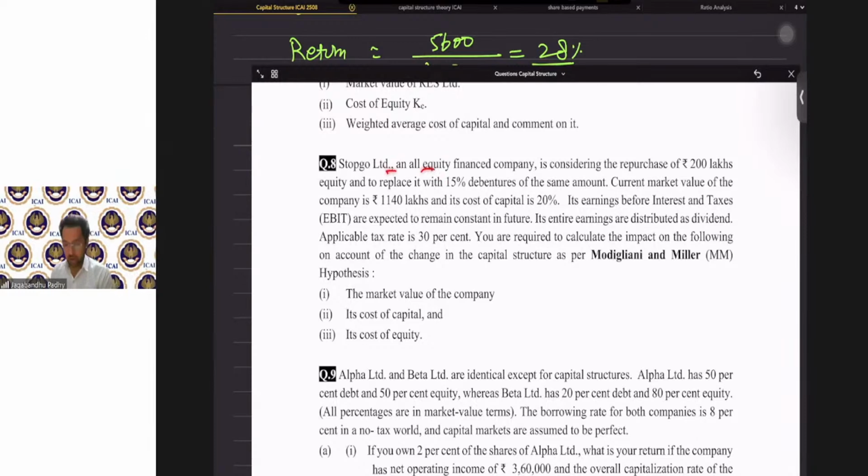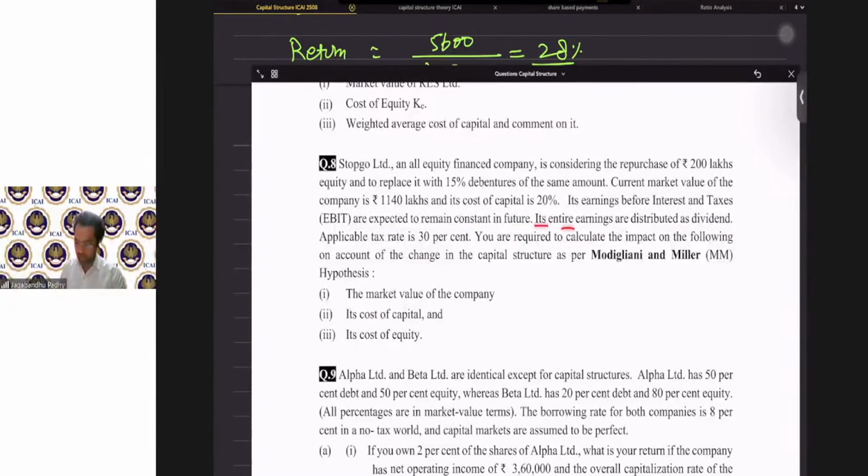Stopco Limited, an all-equity financed company, is considering a repurchase of 200 lakhs of equity to replace it with 15% debentures of the same amount. So basically, the company is considering buyback of equity by issuing debentures. Current market value of the company is 1140 lakhs and its cost of capital stands at 20%. Its earnings before interest and taxes are expected to remain constant in future.